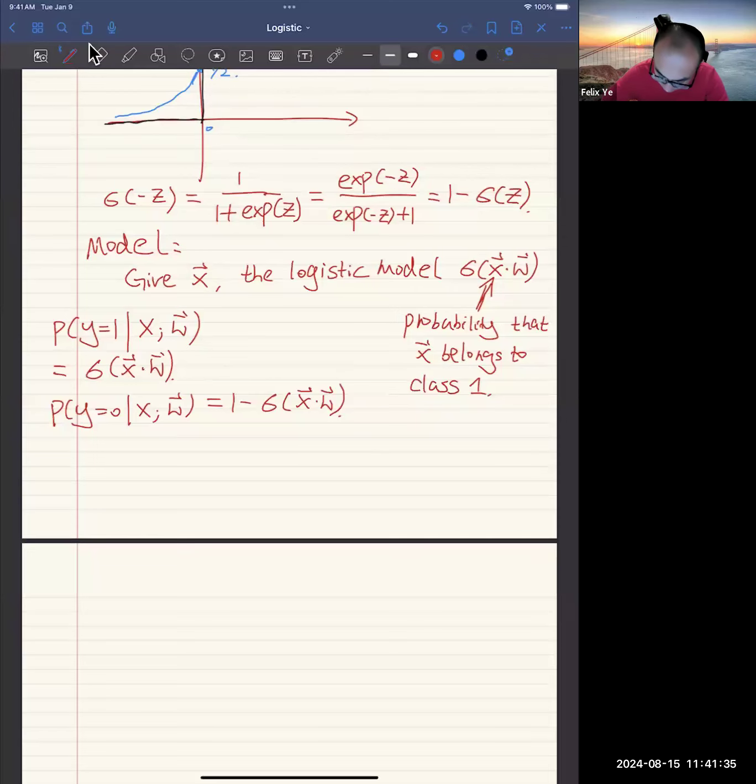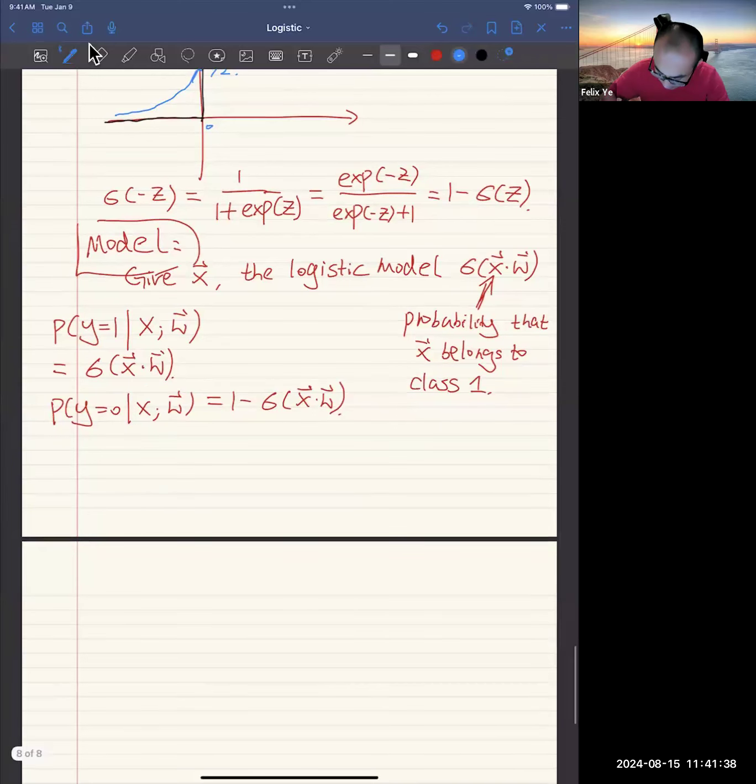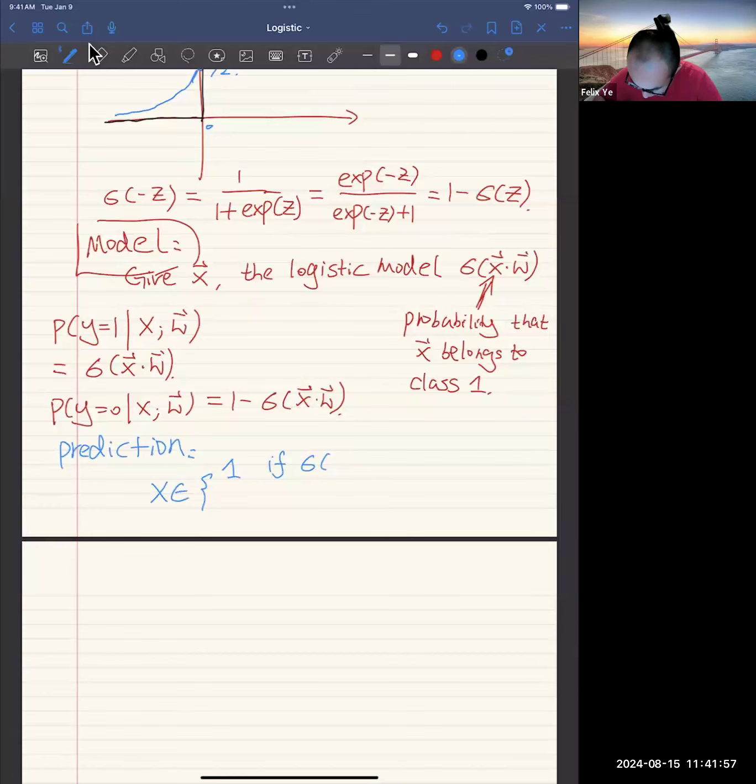This is the model part, and the second part is that you need to make a prediction. The prediction is based on this probability. If the probability is bigger than half, x is in class 1, so it is more likely to be 1.